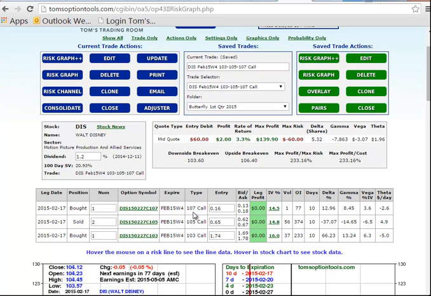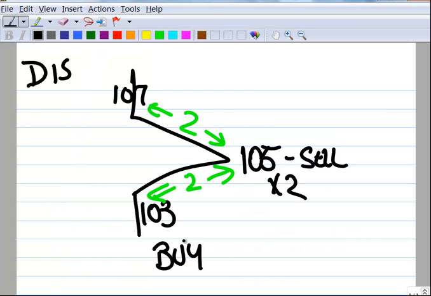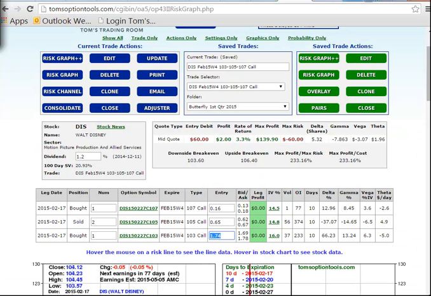Now, as I indicated, if you listen to the earlier versions, parts 1, 2, and 3 on butterflies, it's understanding that butterflies have a 2-step workhorse scenario, where my orange is always where my stock is trading now, but my 103s are slightly in the money. So the 103s have some real value if the stock's trading at 104.12.